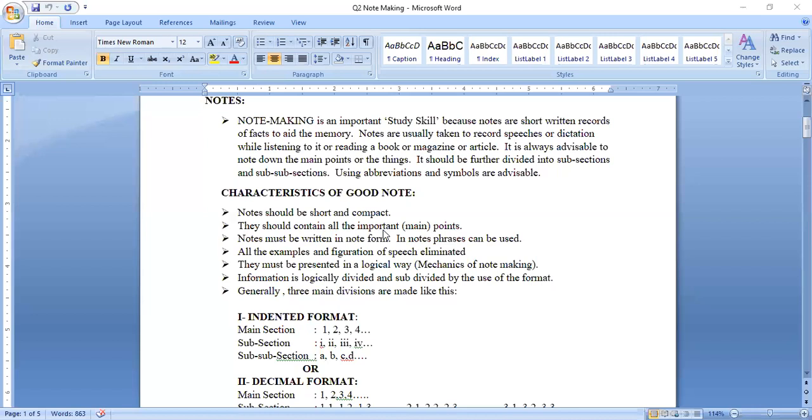Notes are usually taken to record speeches or dictation while listening to it, or reading a book or magazine or article. For example, when we are reading a book chapter, we take only short notes, a short summary. By taking short notes, we can sum up everything.